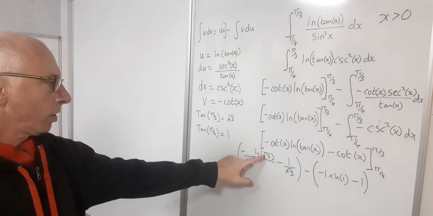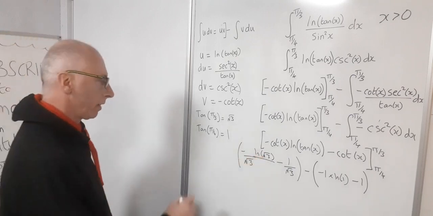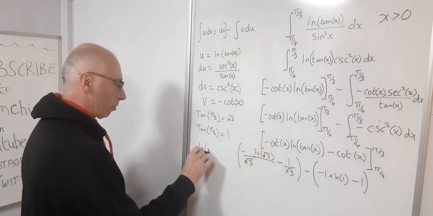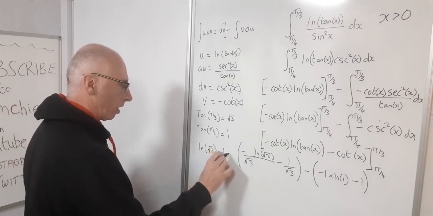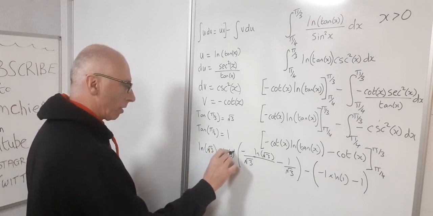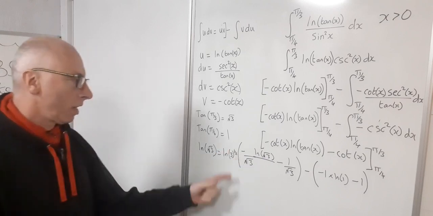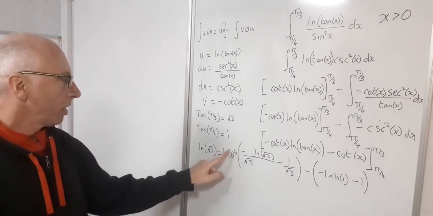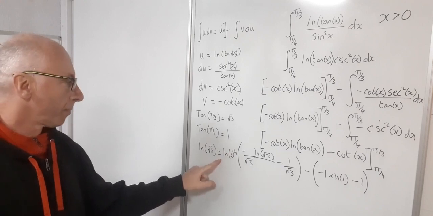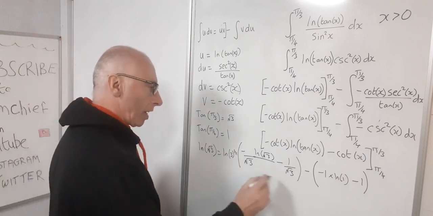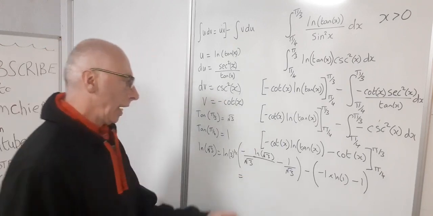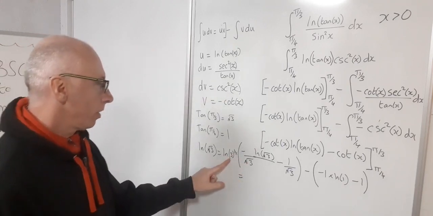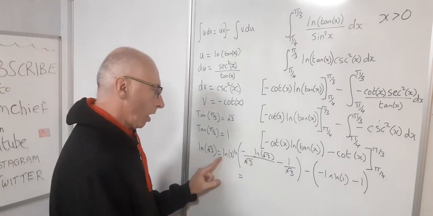Now, log of square root of 3, we can do better than that. Log of square root of 3 is the same as the log of 3 to the power of a half. Using that index law, I can bring the half out front.